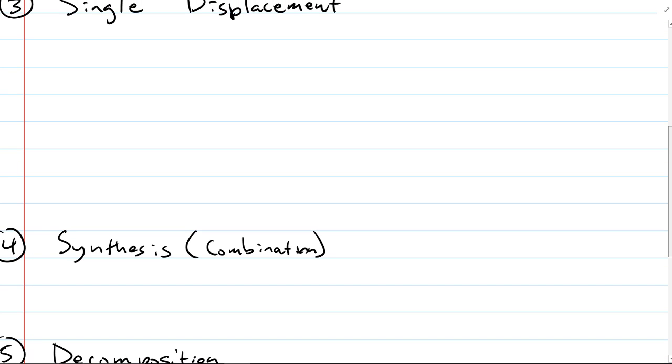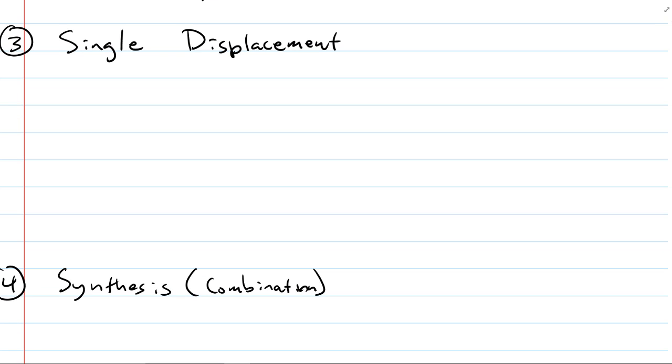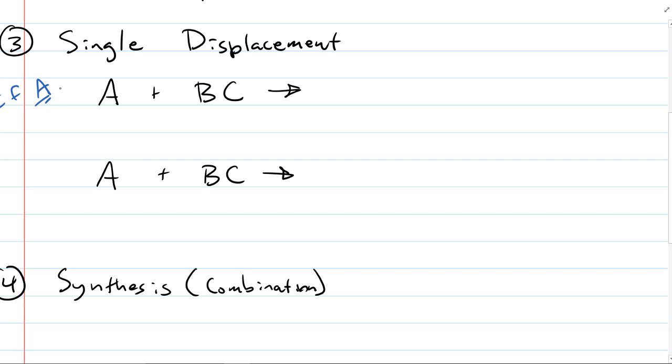So for single displacement, here is an example. We could have A plus BC yields, and we'll have two different scenarios. Scenario 1 is this: if A is a metal.